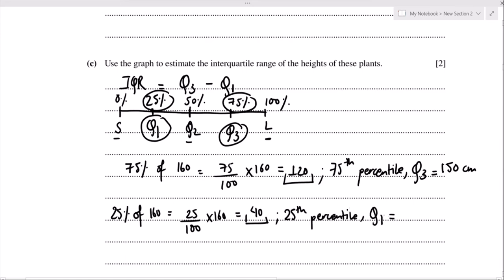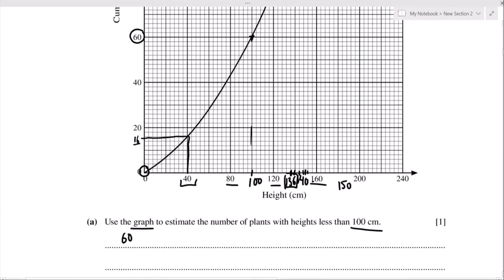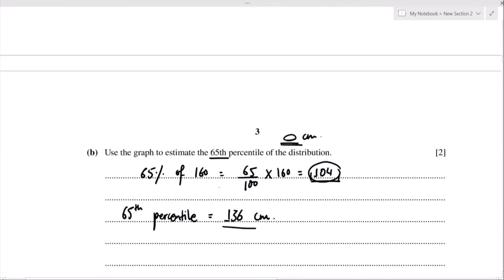We're looking at the graph again for 40 sunflowers, so that's going to be right here. The point on the curve is here, which has a corresponding point on the height axis right here. That's 80, which means that this value is going to be 76. So the lower quartile will have a value of 76.